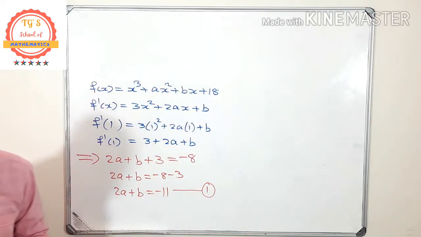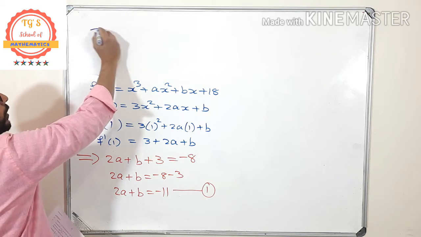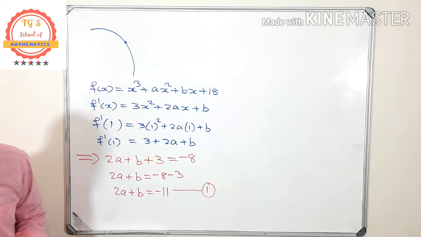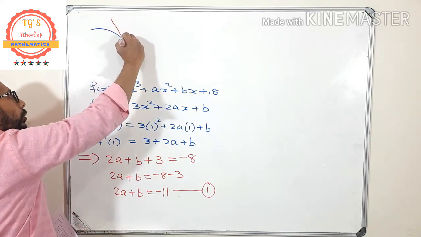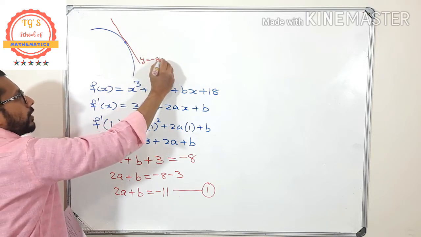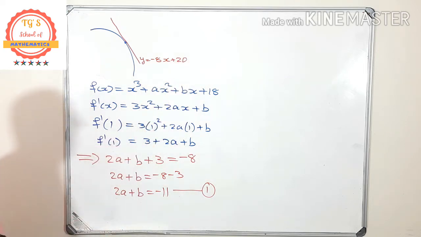Okay, so let me draw that graph once more here. This is the curve and this is that point, and there is a tangent passing through that point, and the equation is y is equal to minus 8x plus 20. Okay, now listen here.